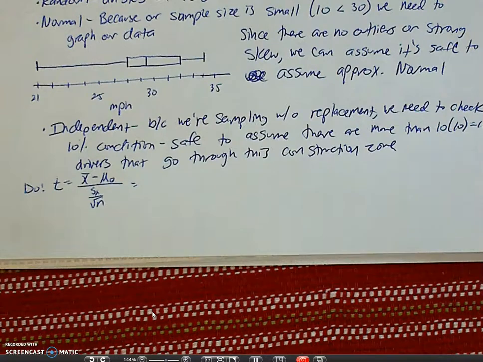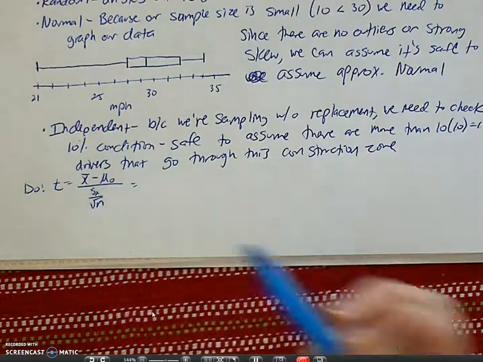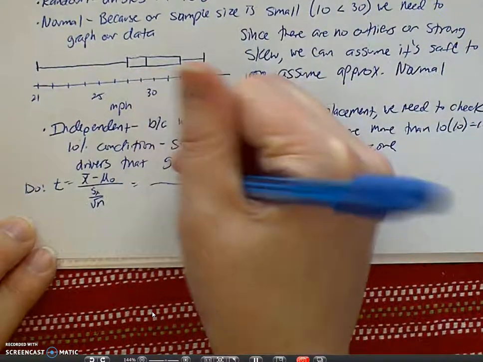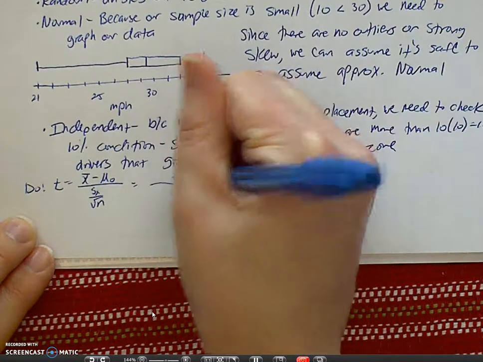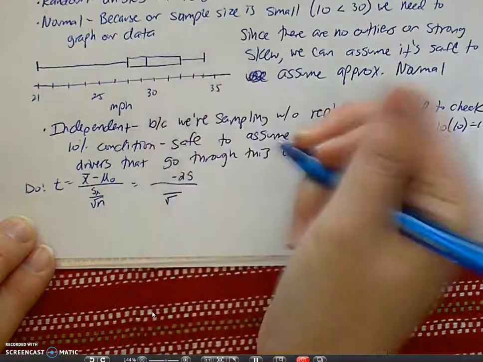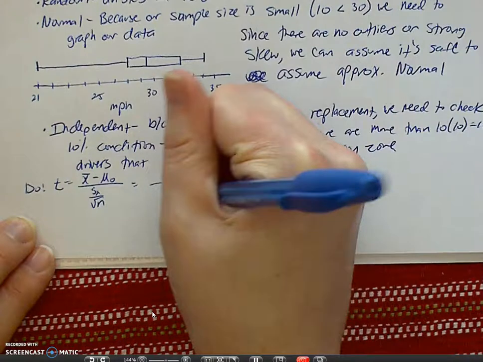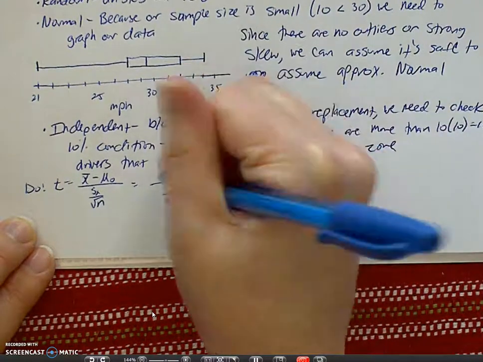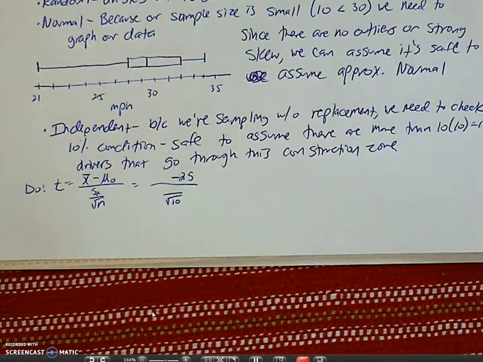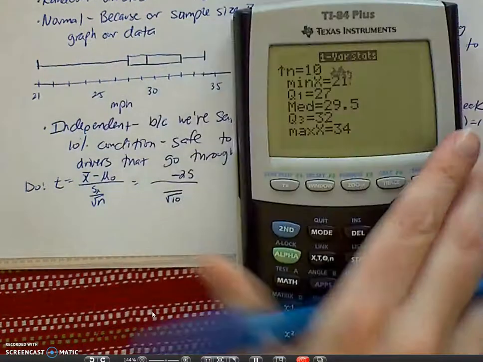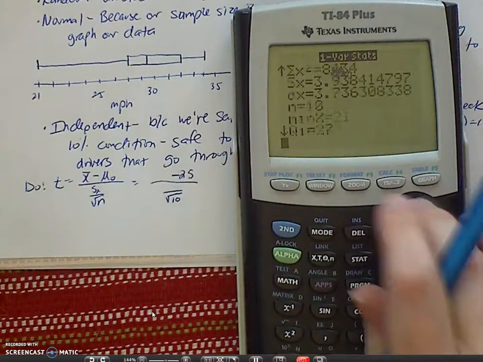Now the problem didn't explicitly tell me the sample mean or the standard deviation. It told me that my claim was 25, and we know that my sample size was 10. But we have the rest in our calculator because we have the raw data.